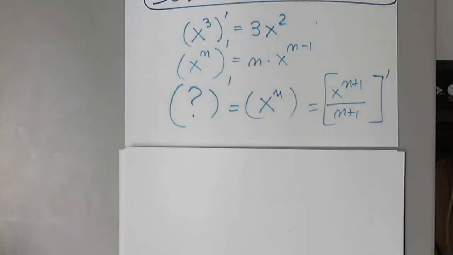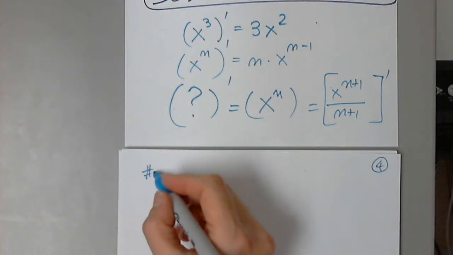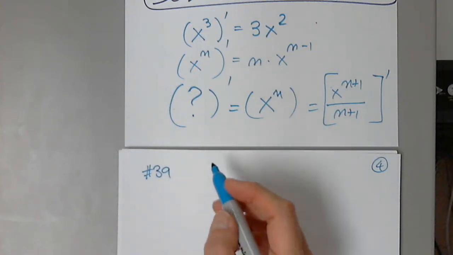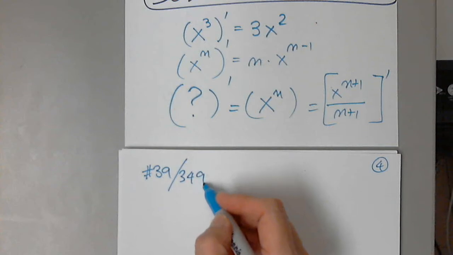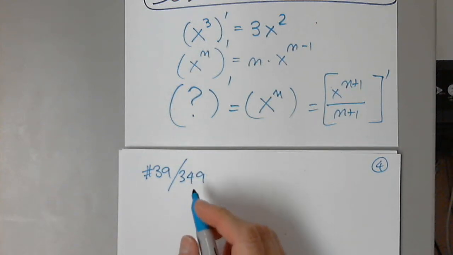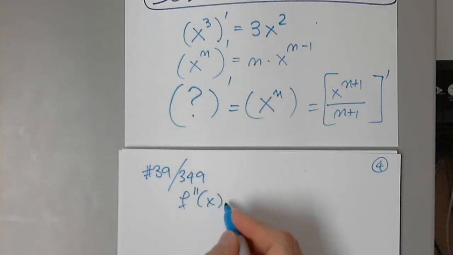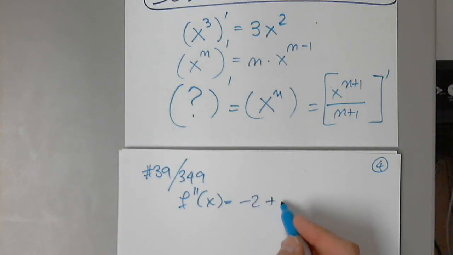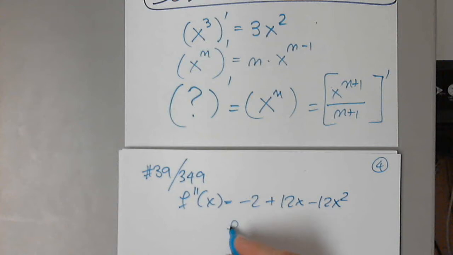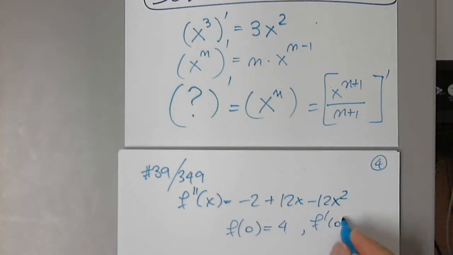Okay, let's look at 39. Page 349. We are given the second derivative, like we just did, 12x minus 12x squared. And we are told that f of 0 is 4, and we are told that f prime of 0 is 12.